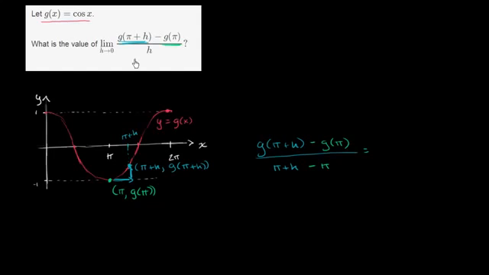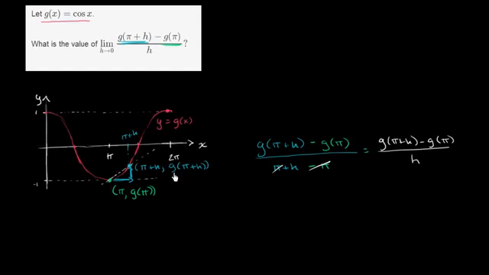And this is exactly what we have, before we take the limit, right over here. So this is going to be g of pi plus h minus g of pi, all of that over, these pi's cancel out, all of that over h. So this is the slope of the secant line right over here.